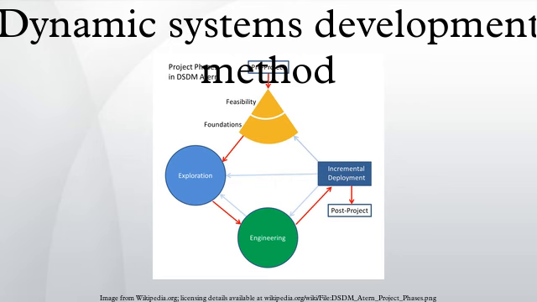Phase 3, post-project. The post-project phase ensures the system operates effectively and efficiently. This is realized by maintenance, enhancements and fixes according to DSDM principles.